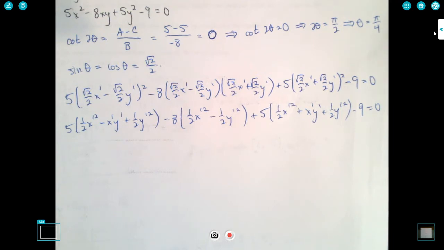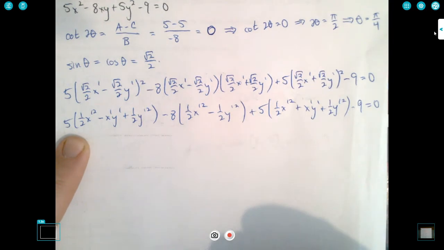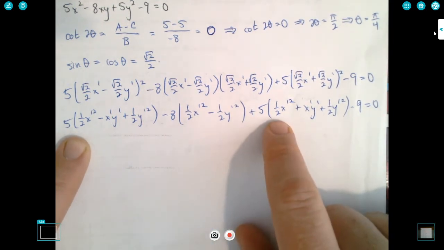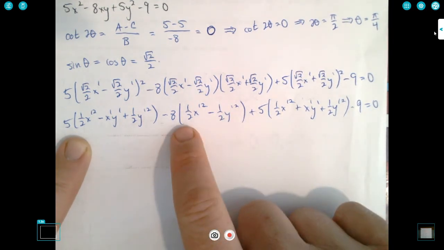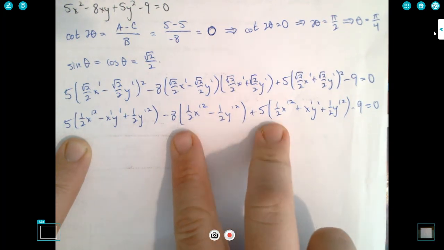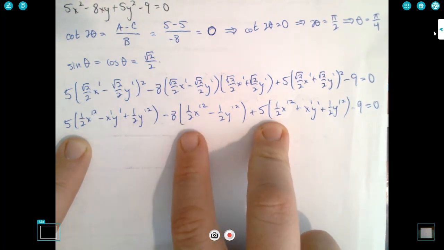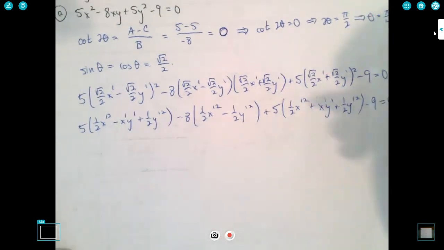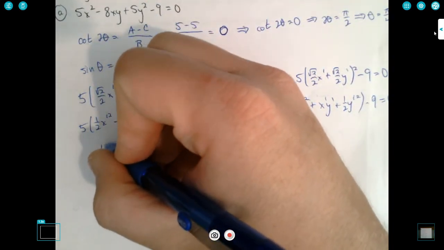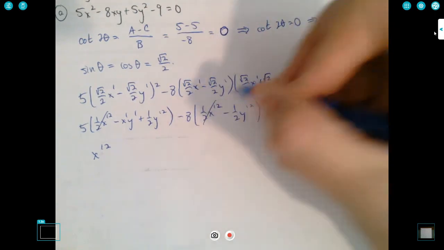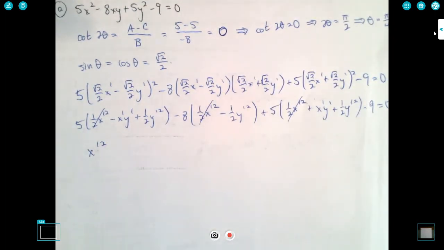And let's see. So I'm going to have 5/2 x prime squared plus another 5/2 x prime squared, but minus an 8/2 x prime squared. So that's 10/2 minus 8/2, that's 2/2, so just 1 x prime squared. That gets rid of all of these. Okay, x prime y primes.